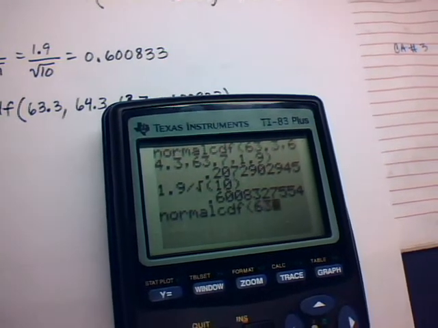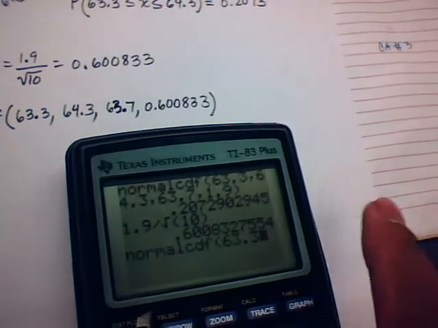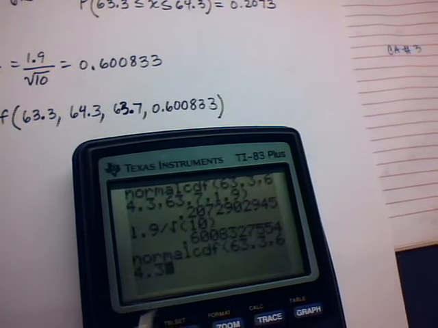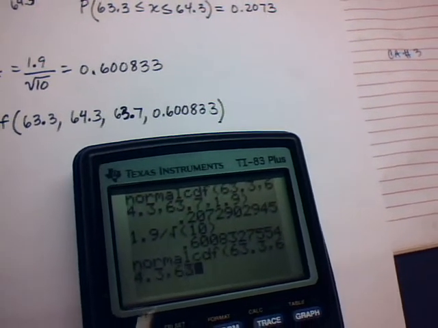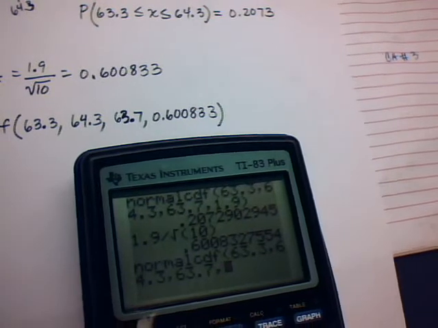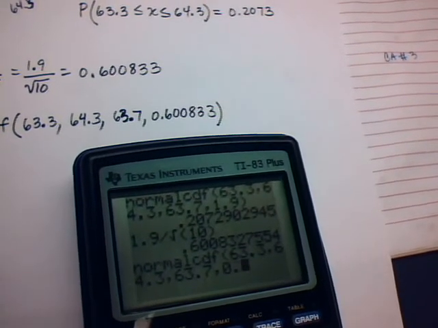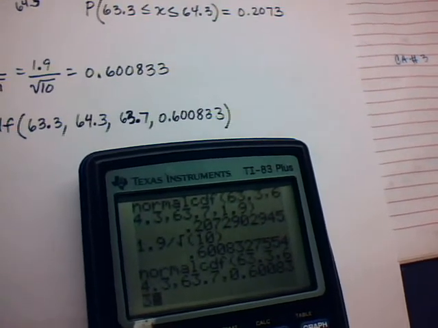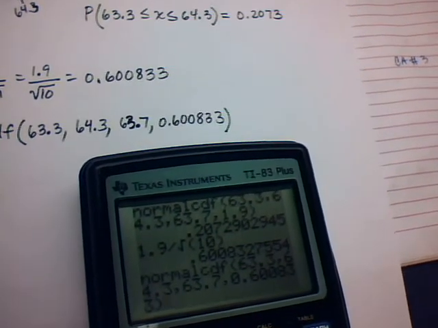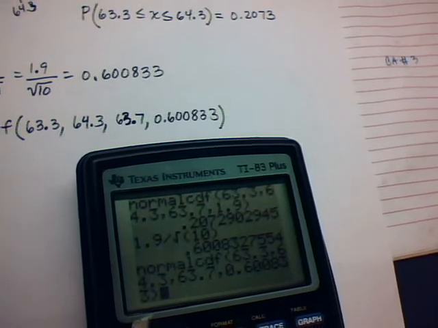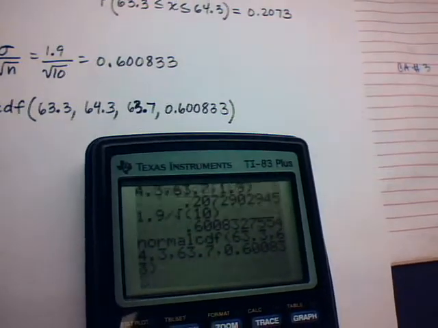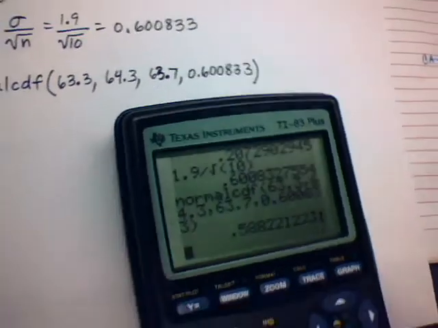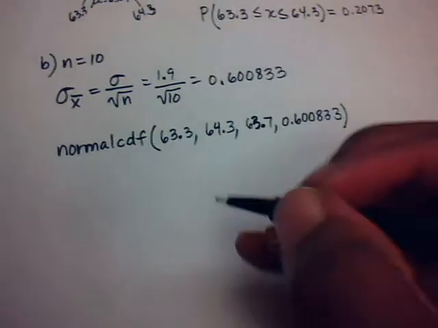So here we enter 63.3, comma, 64.3, comma, 63.7, comma. Now here we enter 0.600833. Close parentheses. And then hit enter. And this will be 0.5882, rounded to 4 decimal places.